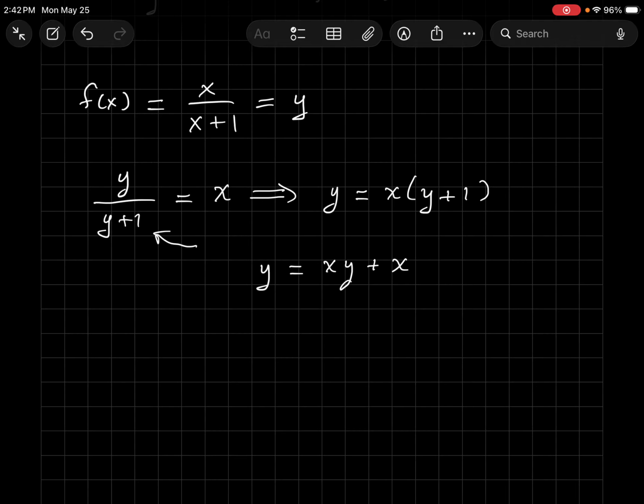Now, anytime we want to solve for a variable, in this case y, we want to isolate it, meaning we want all y's on one side. So I will subtract xy to get all of my y's on the left side.